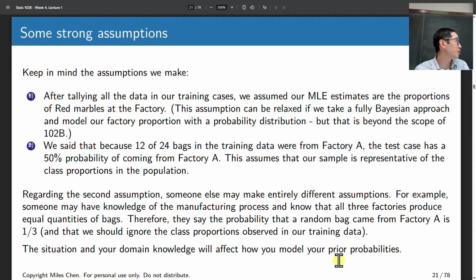And if you have better information, like if you work at the factory and you go, oh no, factory A, we fill at 50% red, and I don't know what happened with your set of bags, your set of bags just ended up 60% red, then we would factor that in, okay? But right now we're just basing our guesses on what we observe, okay?